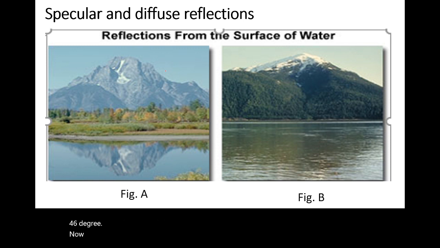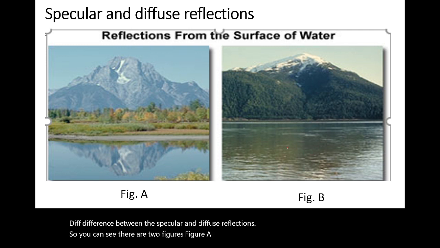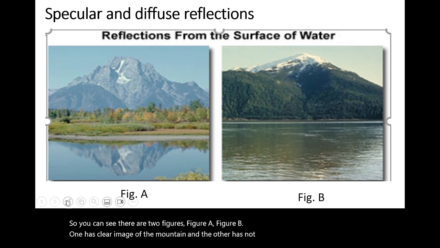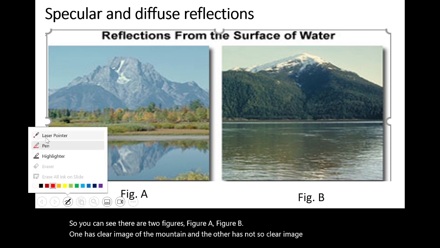Now next topic is difference between the specular and diffuse reflections. So you can see there are two figures, figure A, figure B. One has a clear image of the mountain and the other has not so clear image of the mountain.